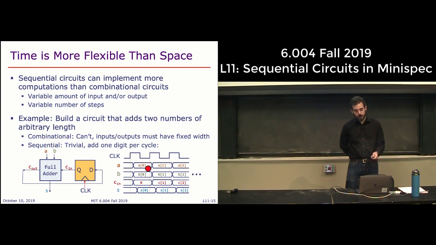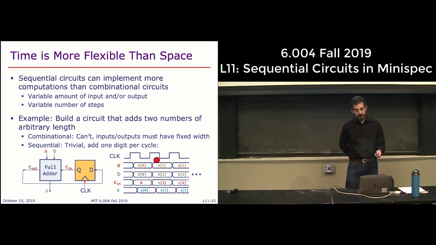So in cycle 0, we feed A0 and B0 as the inputs A and B, and let's say we have 0 in Cin and as the state of this flip-flop, and then we get the first bit of the sum. Some propagation delay later, we get the first bit of the sum at this output over here.